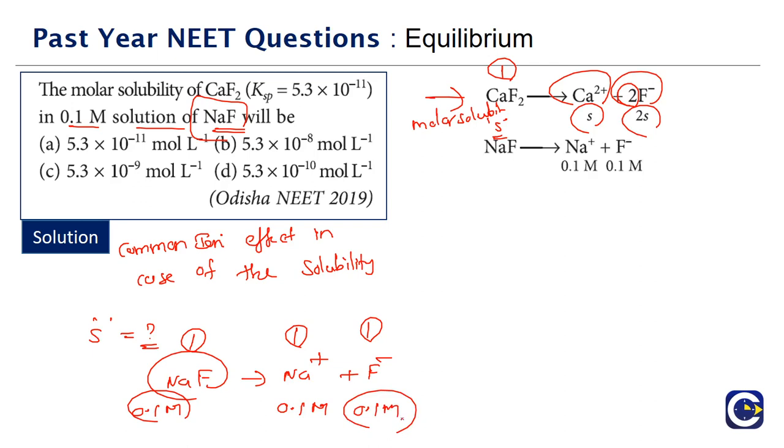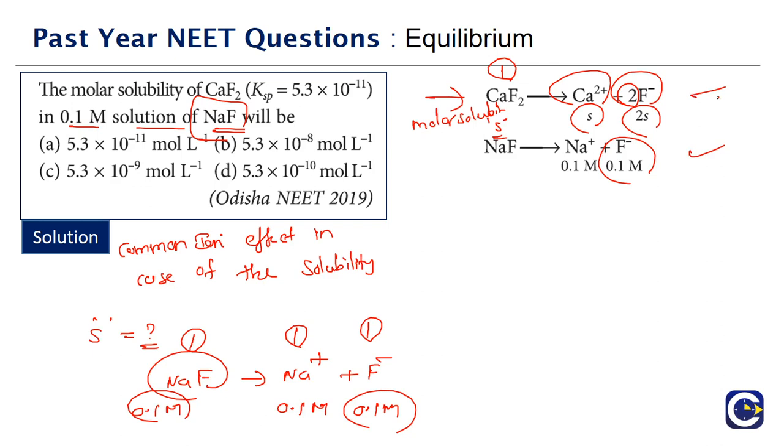So here the F minus ion is the common ion. We can see the F minus ions are coming in the solubility of CaF2, and F minus ions are also coming in the dissolving of sodium fluoride or NaF.